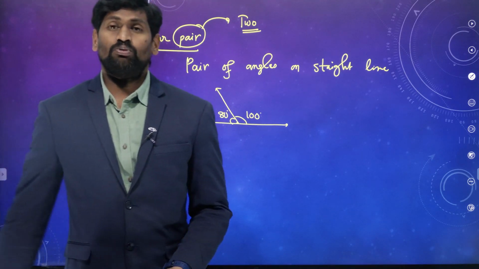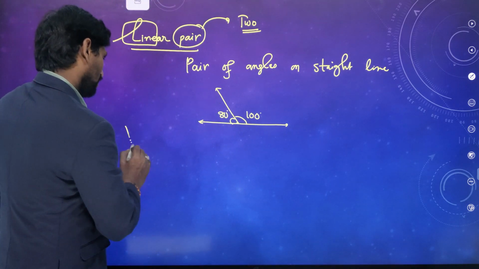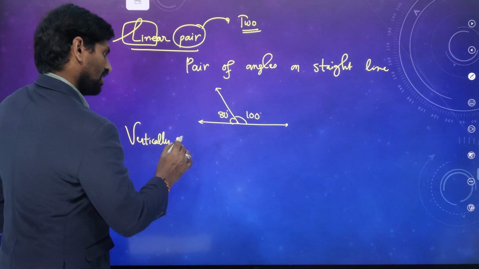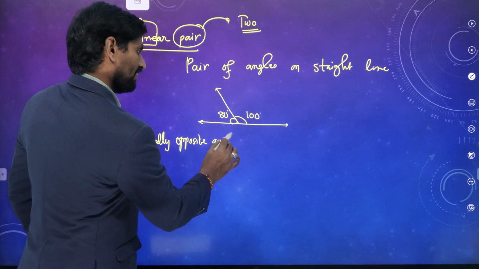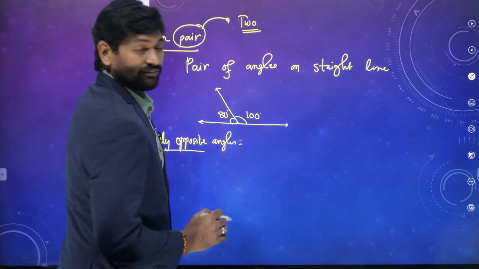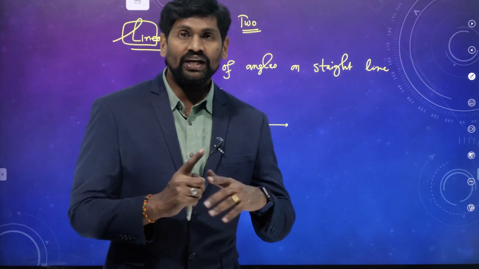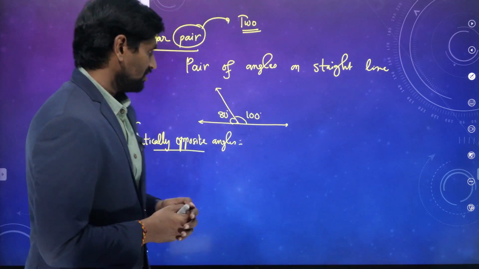And let us discuss about the vertically opposite angles. What are vertically opposite angles? If two straight lines intersect at a point, they form two pairs of vertically opposite angles.